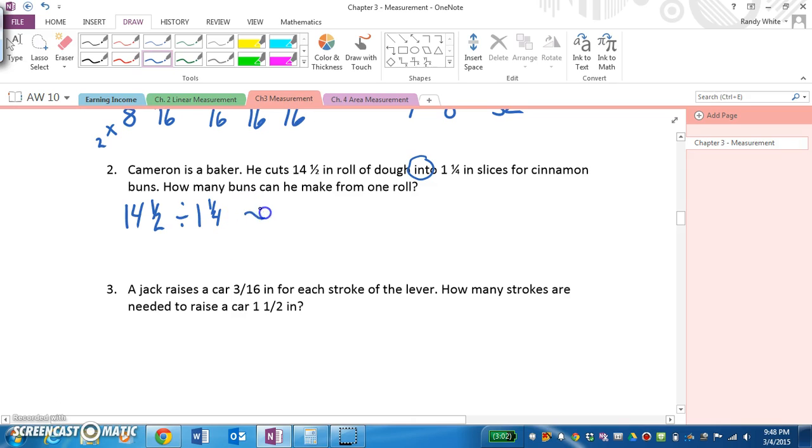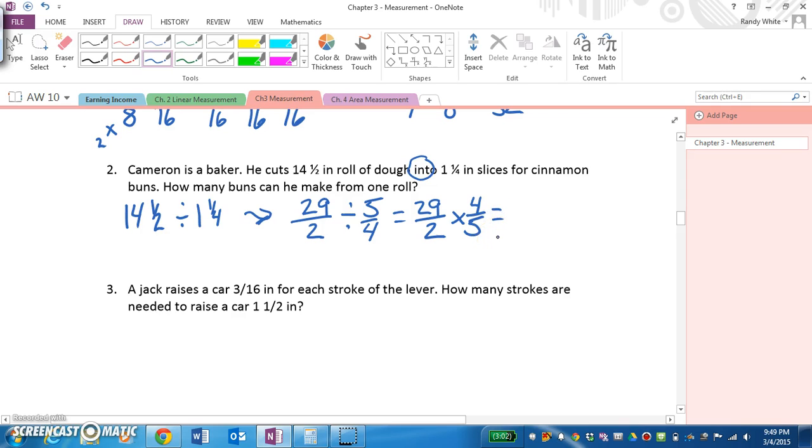So what I'm going to do is I'm going to make each of these an improper fraction. So 14 1/2: 14 times 2 is 28, plus 1 is 29 over 2, divided by 4 times 1 is 4, plus 1 is 5 over 4. So 29 over 2 times, and then invert those.